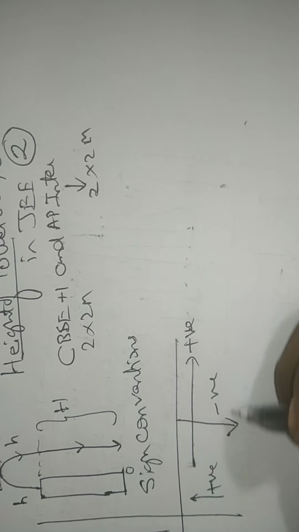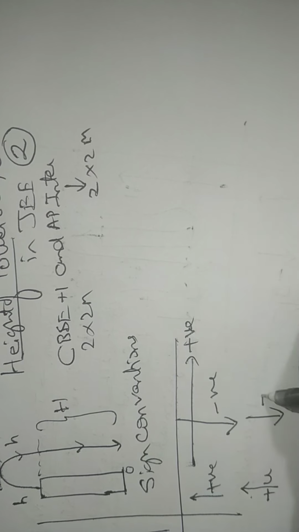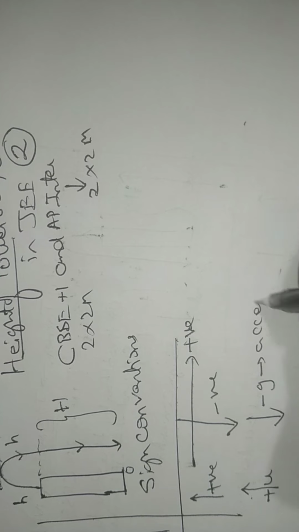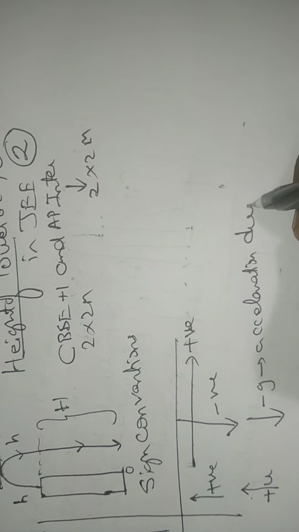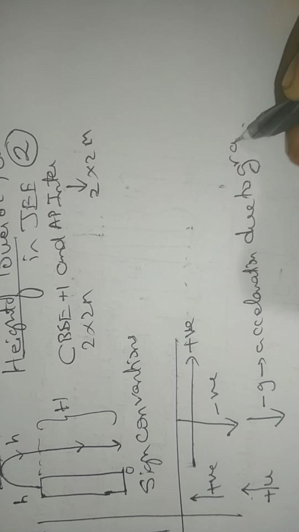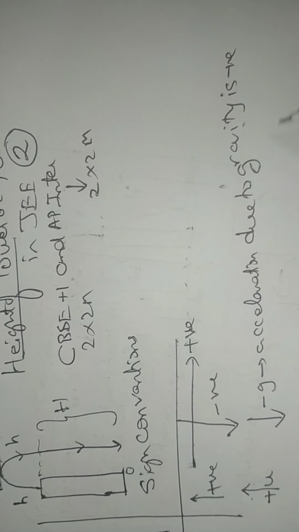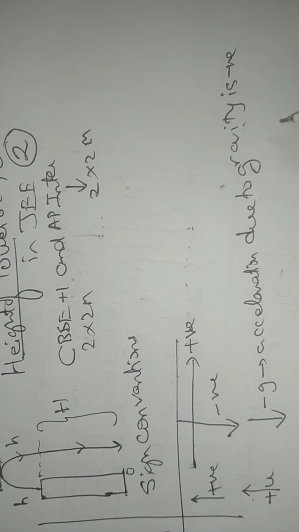So what are the upward quantities here? The velocity with which it is projected is upwards, positive. The acceleration due to gravity is negative.